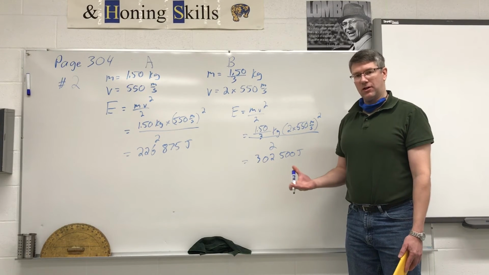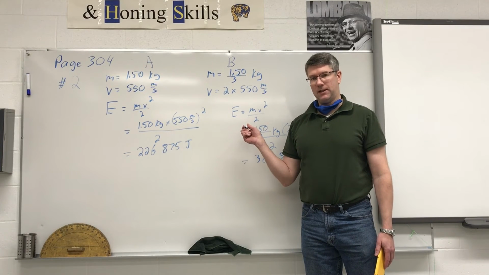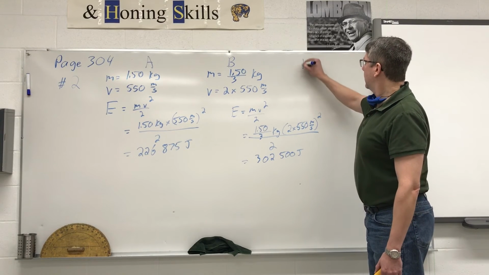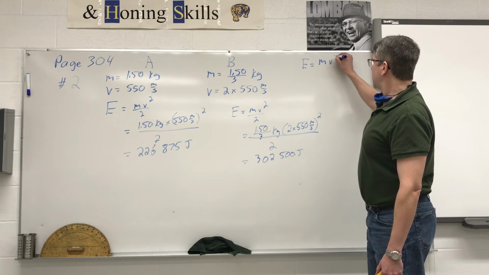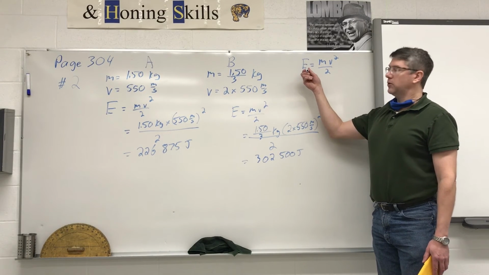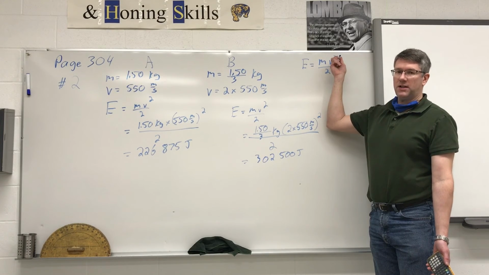Now we don't actually have to do the entire calculation of A and B to determine this answer. We can figure it out using a ratio. If we look at our equation, kinetic energy is mass times velocity squared divided by 2. We know that our original value is 1, 1 for the mass, 1 for the velocity effectively.